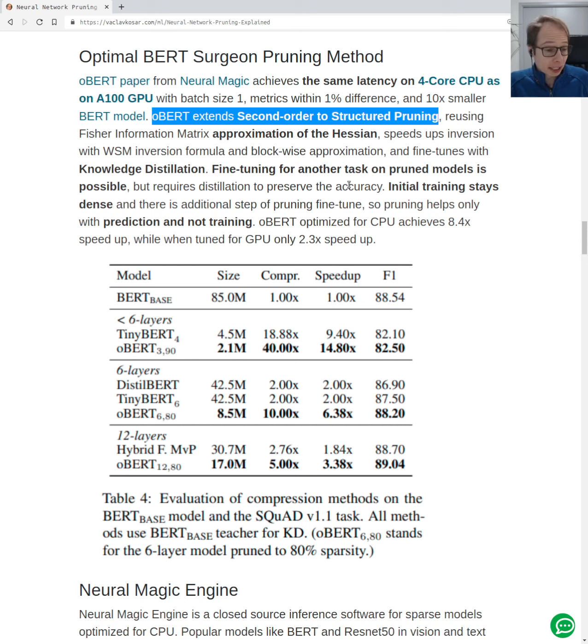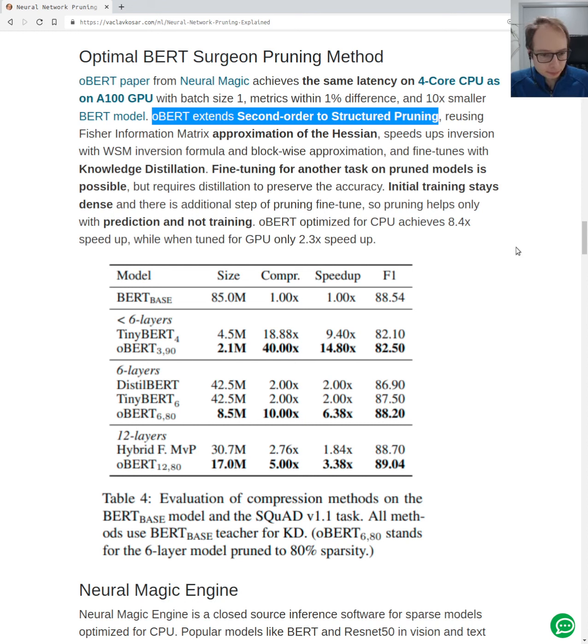And even after that we can fine-tune on some other tasks, but again we need the dense model for the fine-tuning task, for the downstream task, to keep the accuracy good.